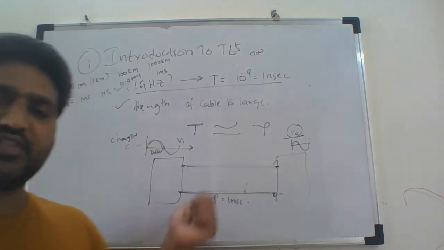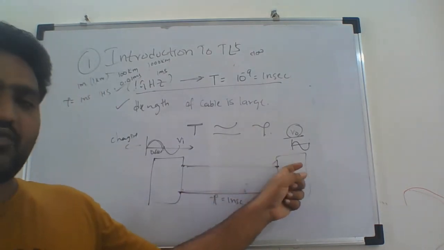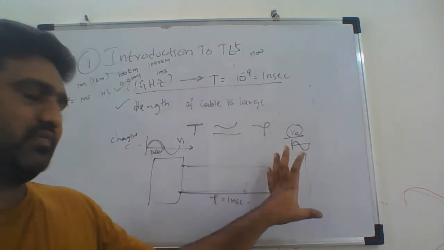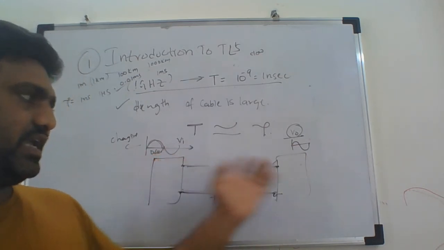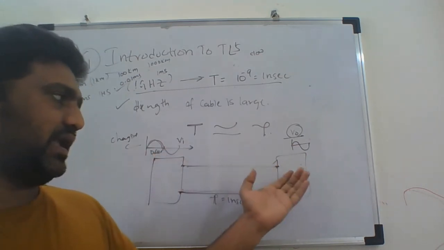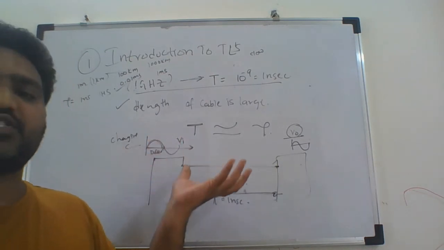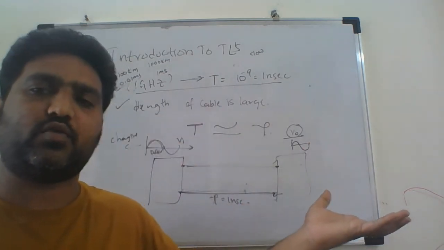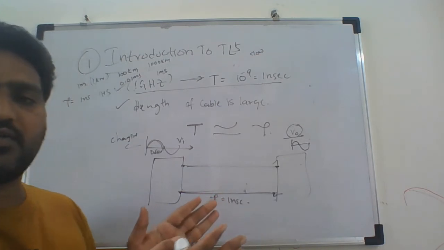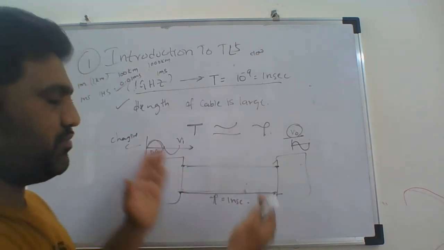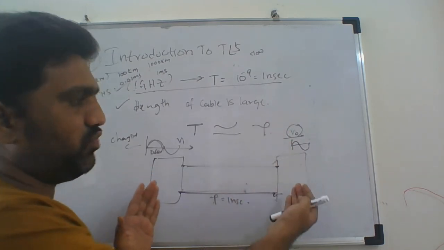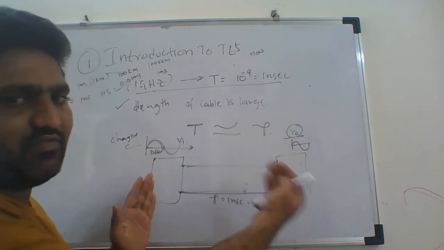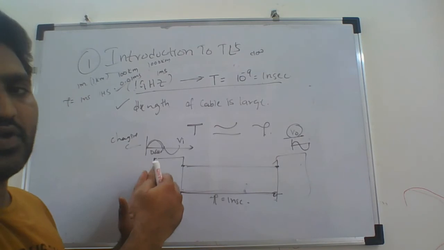Clear with this? So the V naught that we get is not the V naught of this input, because it is taking some time. By that time the input VI has changed, it has gone to the next value. So if I take any instant and measure the input and output voltages, this V naught that you measured is not the V naught because of the input you have applied here.